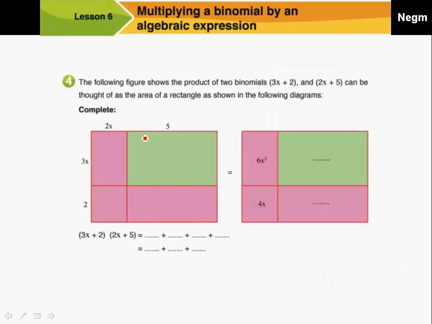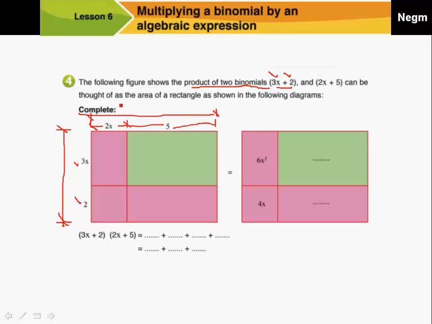The following figure shows the product of two binomials, 3x plus 2. Of course, this is a binomial. Why? Because it is composed of two terms in one variable x. This is the product of two binomials, 3x plus 2, which is this length, and 2x plus 5, which gives this total length.